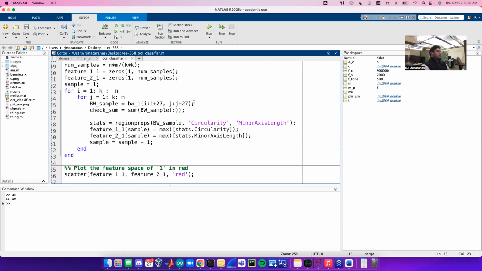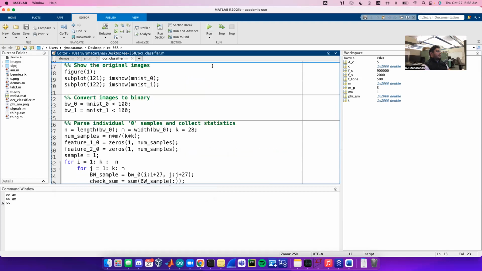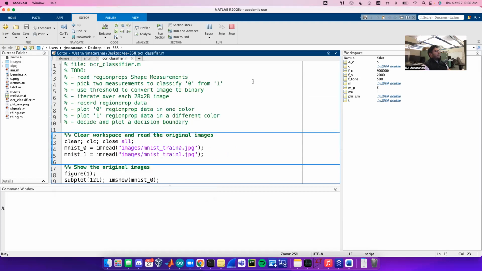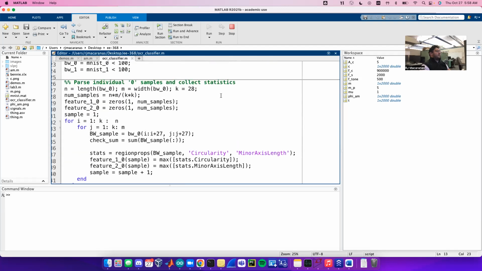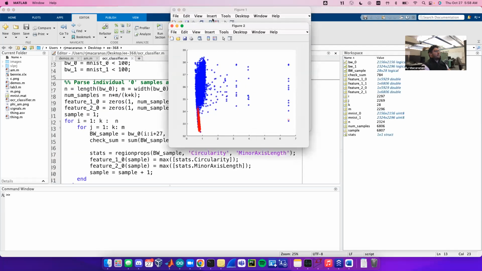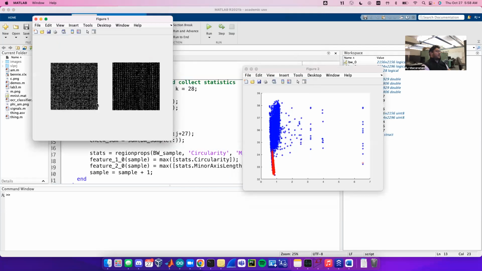And then here's the optical character recognition classifier that I started up for you guys. Right? And I would advise you to try to work through it yourself first before looking at this. But it's a really interesting project, and it kind of shows you the power of MATLAB, I guess, right? So here's these original images, and if we zoom in, we can look at the individual samples.